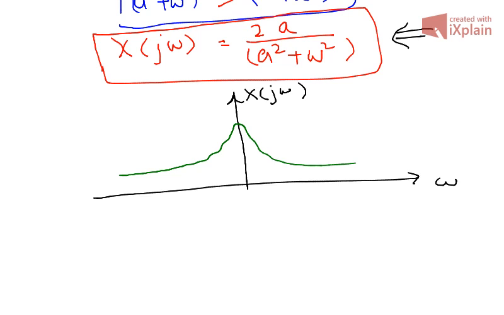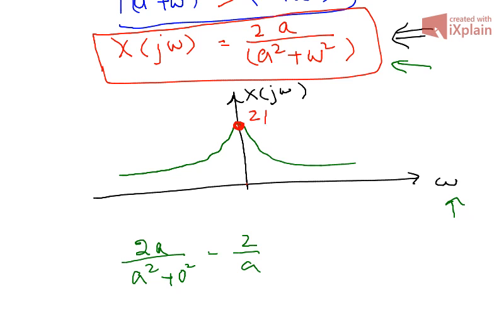Now you can find some values on this plot immediately. For example, if you put omega equal to 0 in this expression, you would have 2a over a square plus 0 square, which is 2 over a. So this peak value at omega 0 would be equal to 2 over a.